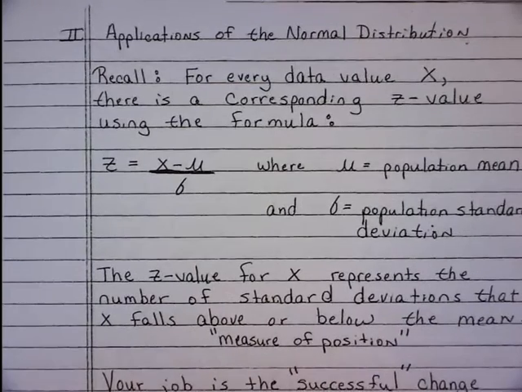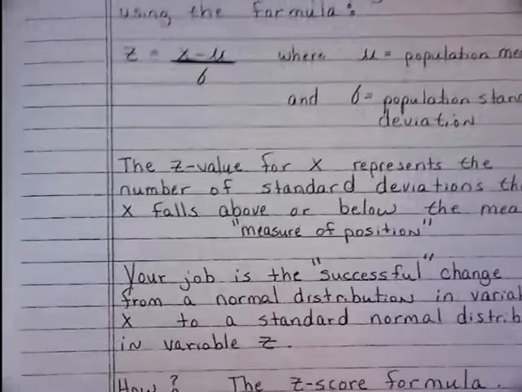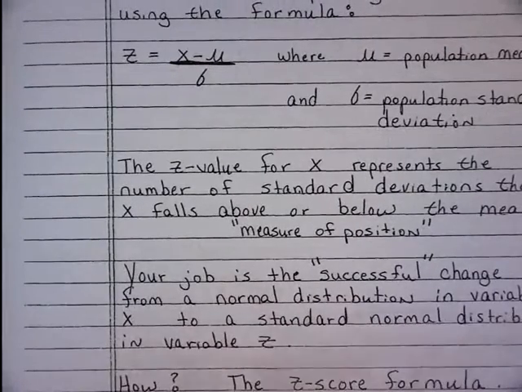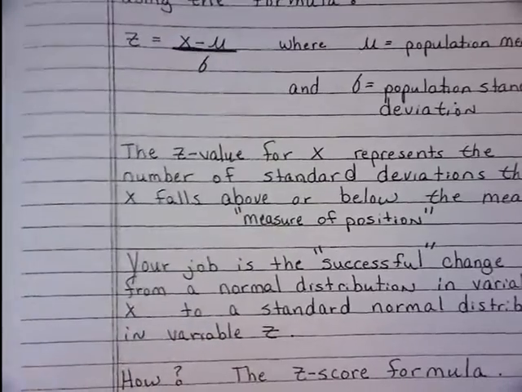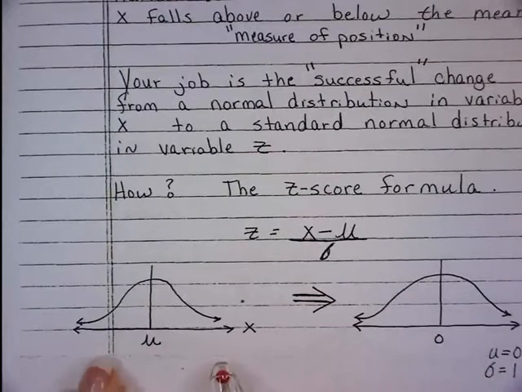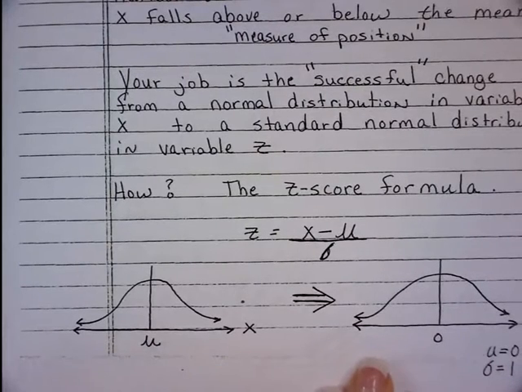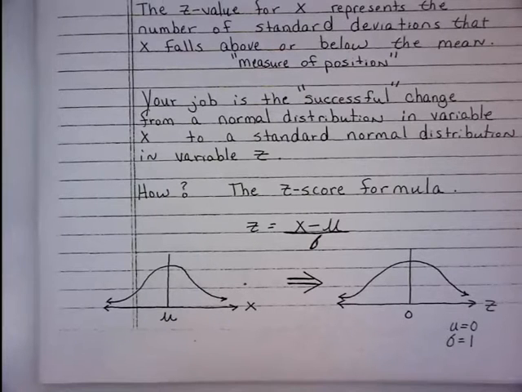It's a measure of position. Your job by hand is the successful change from a normal distribution in variable x to a normal distribution in variable z. And how do we do that? The famous z-score formula. So we're going to go from this in x to this in z so that we can use the 2-page z-table to answer the questions and find the area or find the cutoff.